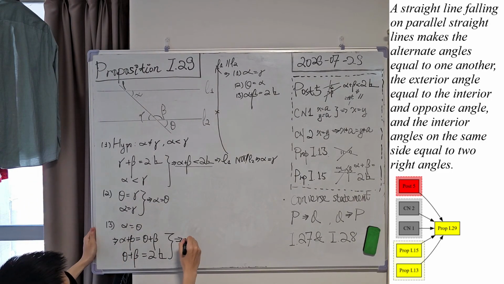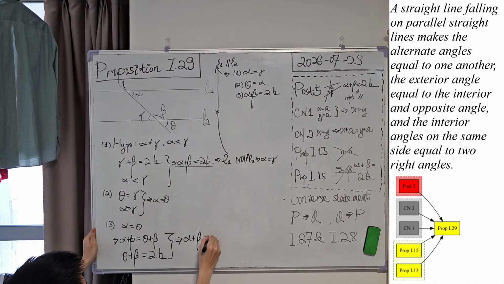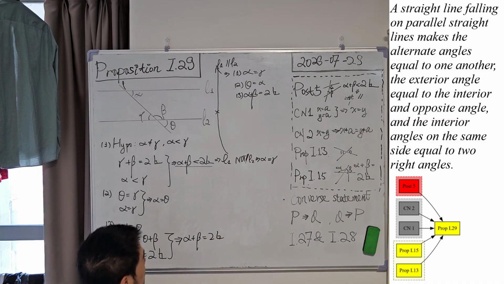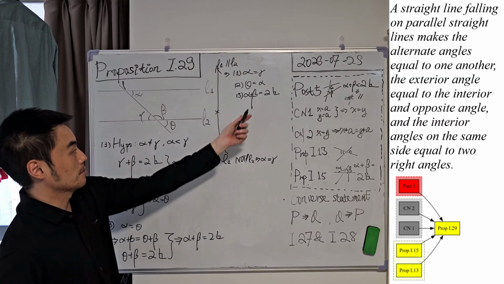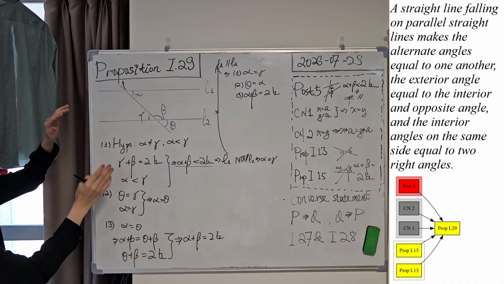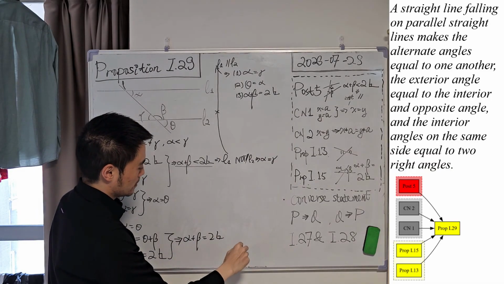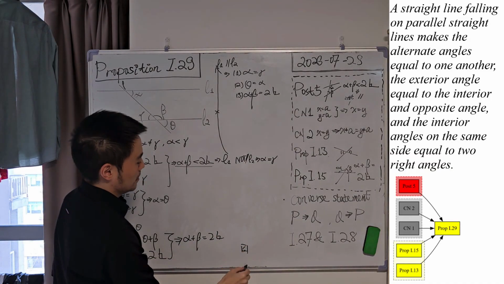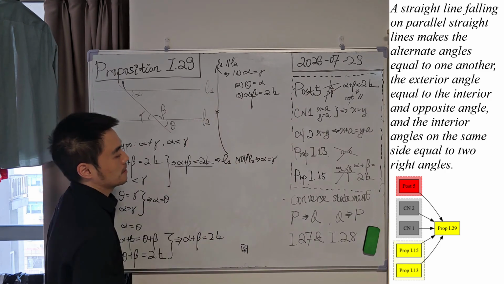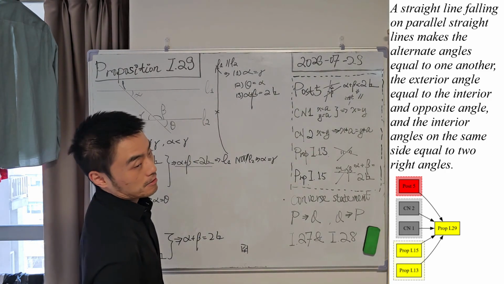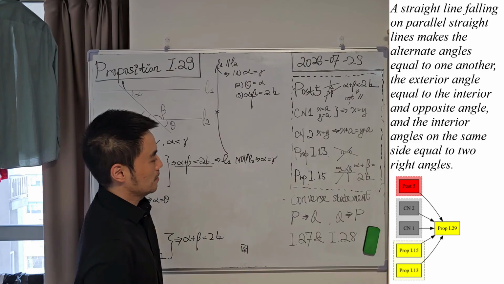So alpha plus beta will be equal to two right angles, which proves our statement. If we combine scenarios 1, 2, 3 together, we have successfully proved proposition 29.